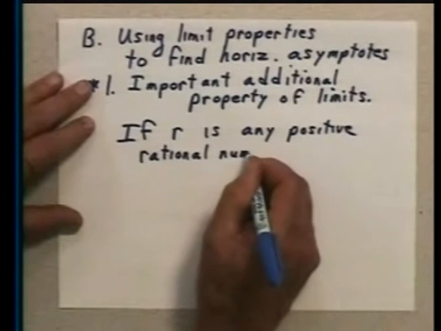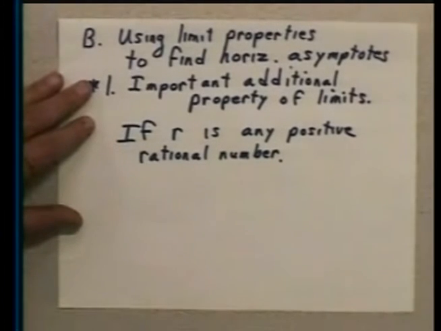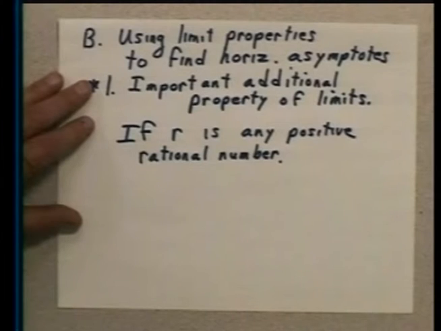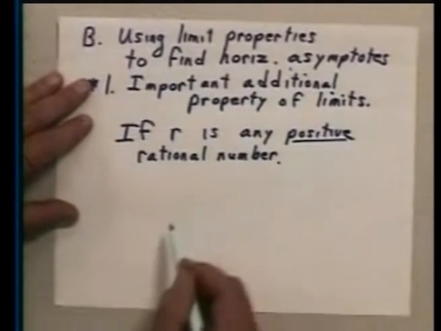What are the rational numbers? The ones that involve division. So rational numbers include all the fractions? Yep, all fractions. Anything else? Integers, because integers are fractions where the denominator is 1. Yeah, rational numbers are the integers plus the fractions. Okay? Now it says if r is any what kind?